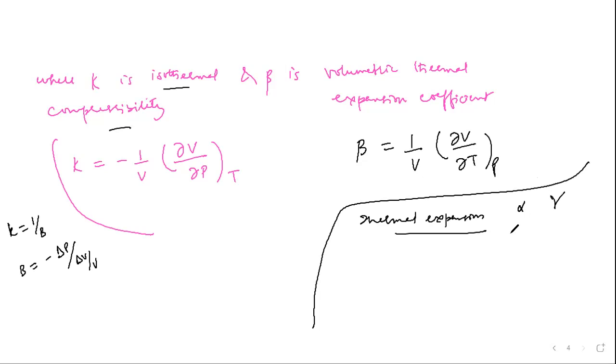And we define coefficient of volume expansion, which is our beta. How we define that? We define beta this way in thermodynamics. Limit delta T tending to 0, delta V by V naught over delta T.